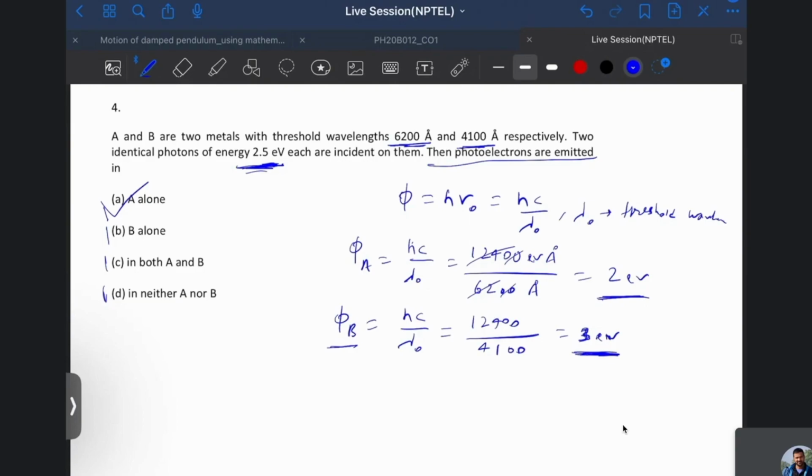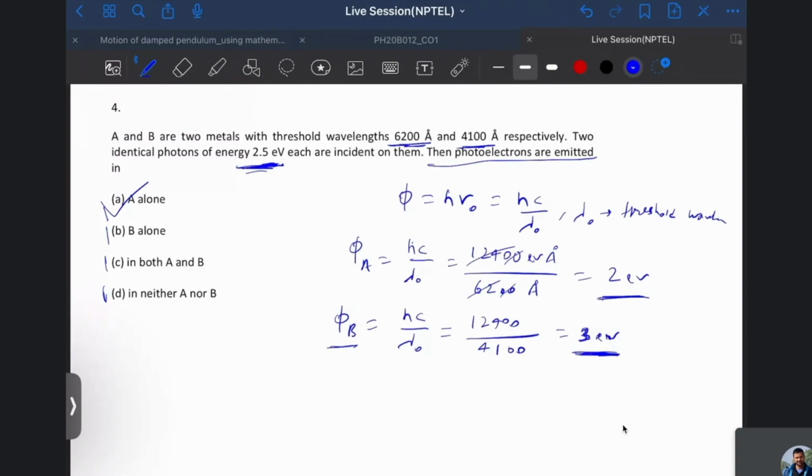Okay, anyone has any question here? Sir, you are writing the hc by lambda value. hc value, you again explain, sir. hc comes to 12400 eV angstrom.